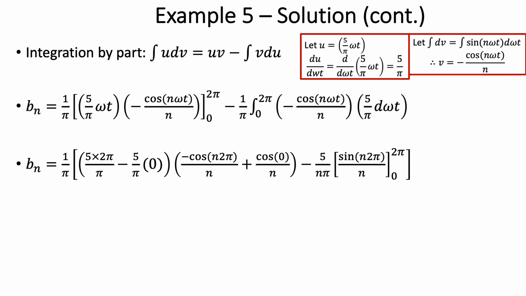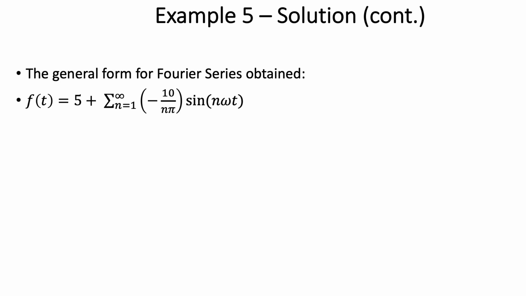Next, we proceed with putting the values for the integration. And finally, we have coefficient Bn equals minus 10 over n pi. The general form for Fourier series obtained is f(t) equals 5 plus summation of n equals 1 to infinity minus 10 over n pi times sin n omega t.